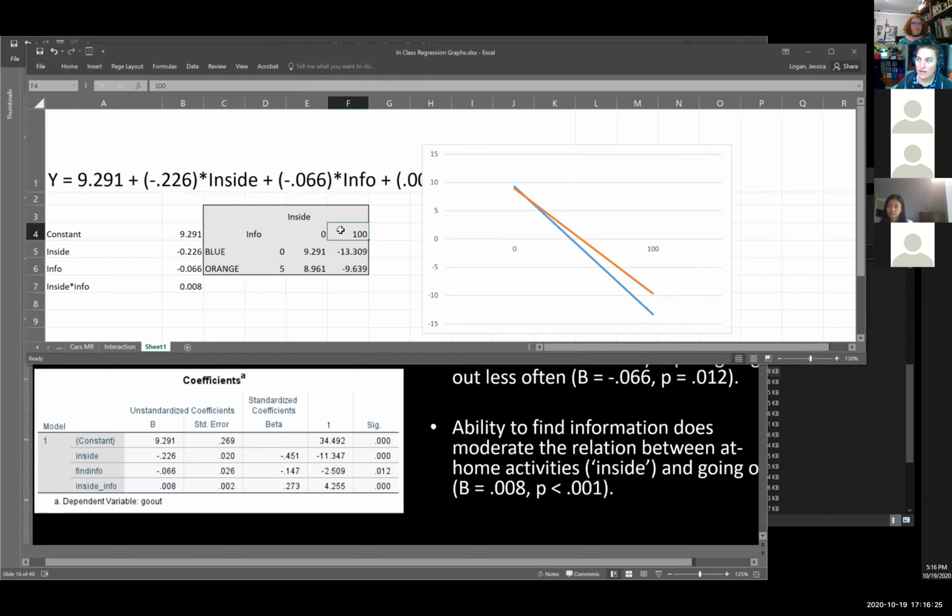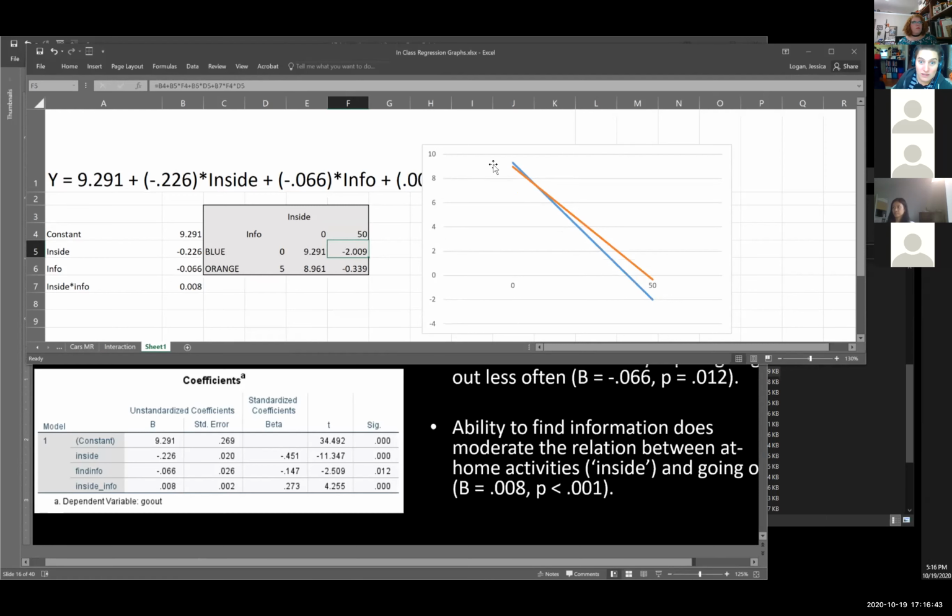And so I'm walking you through this, and these are also not plausible values, right? You can't get a negative 13 on going out. You can only get a 0 to 8. I'm walking you through this to show you that where you center matters a lot, because all we're doing here by plugging in these values is kind of like centering.